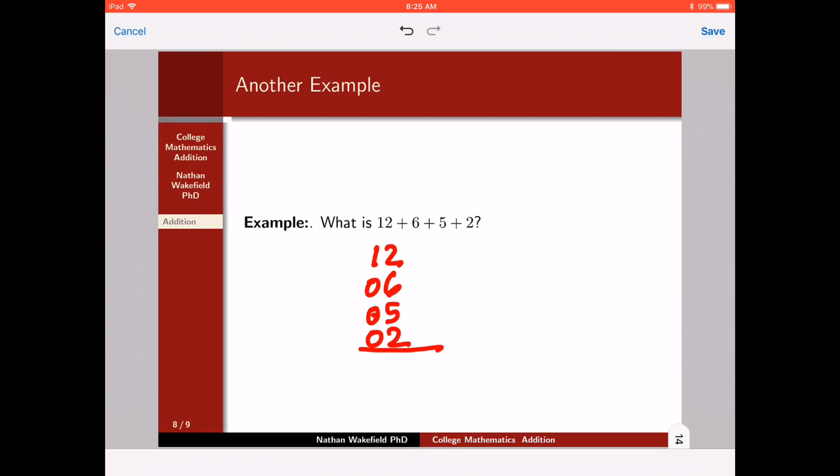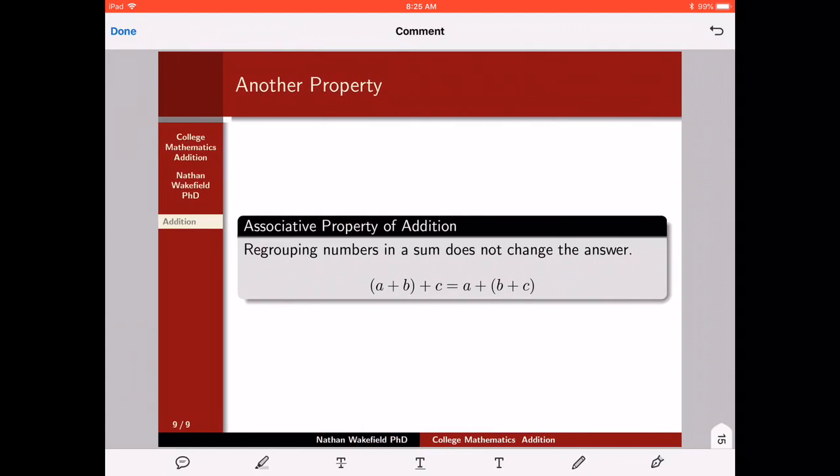So I'm just going to add up down the column. 2 plus 6 is 8, plus 5 is 13, plus 2 is 15. I had an extra 1 show up. So now I've got 1 plus 1 plus 0 plus 0 plus 0 is 2. So there's nothing real complicated about addition.